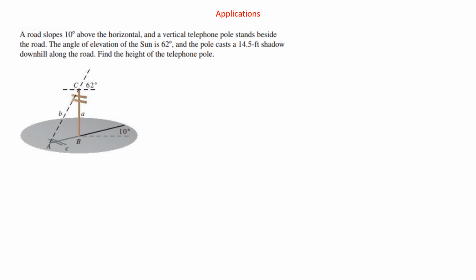So, this angle is 10. We know that that is 90. So this angle right here from the actual plane of the road to the pole is going to be 80 degrees, which means this other side here is going to be 100 degrees because it still makes a straight angle.